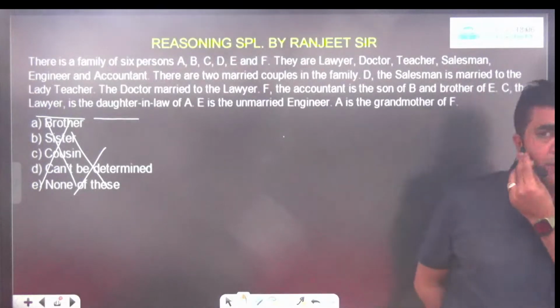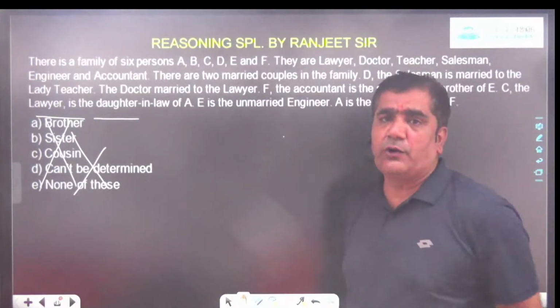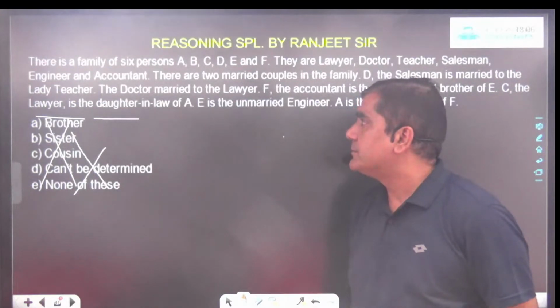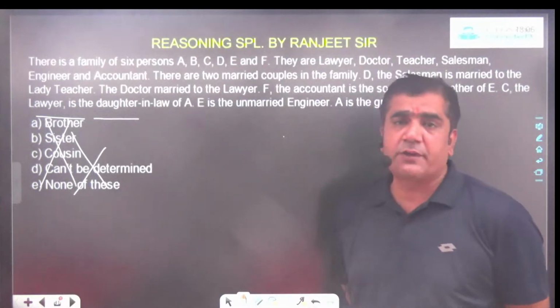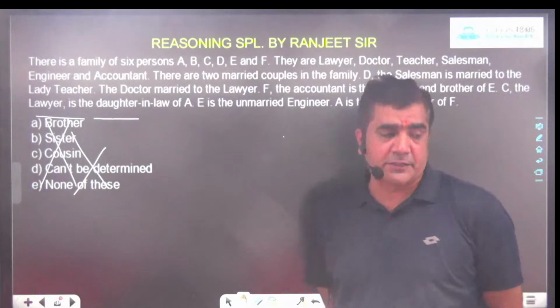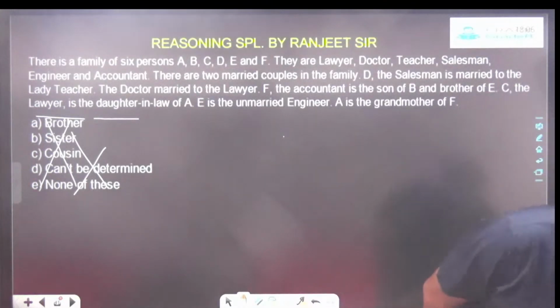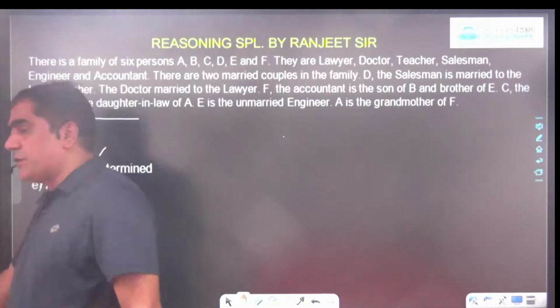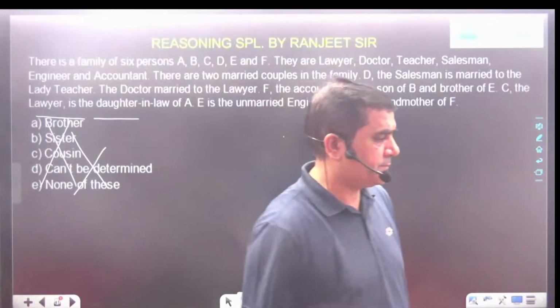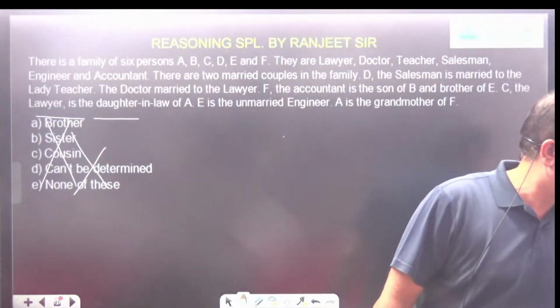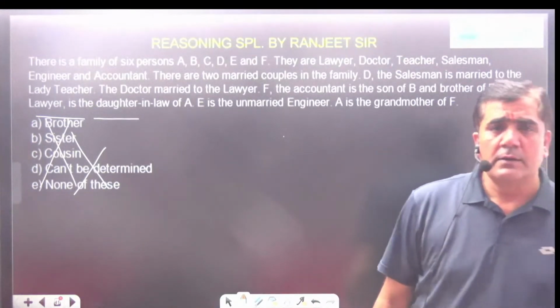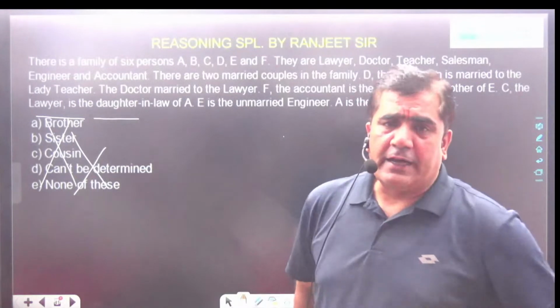So whenever any question based on this is given to you, how to solve this sort of questions? And these sort of questions will come in your banking examination. How to get the answer for this one?